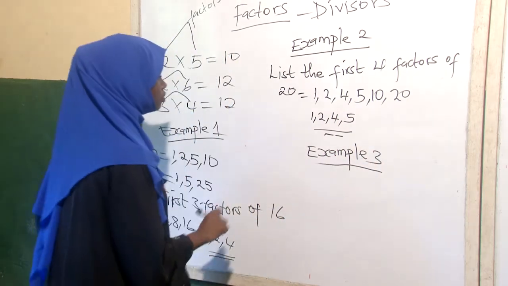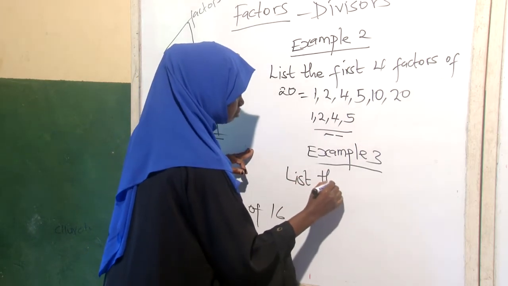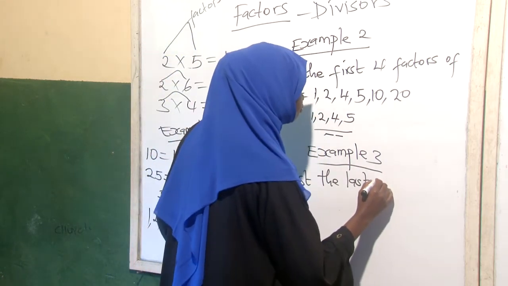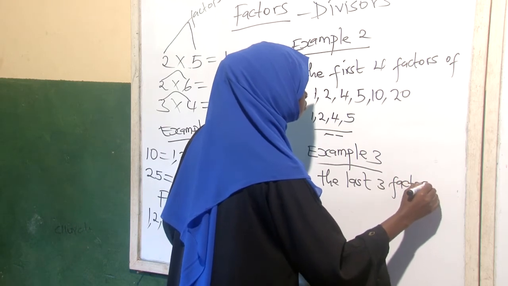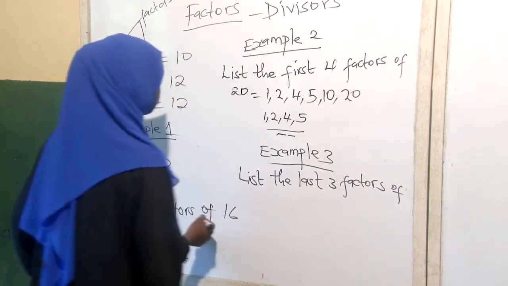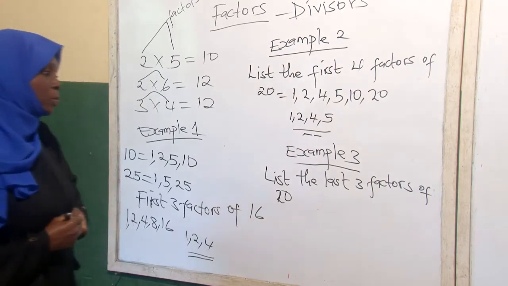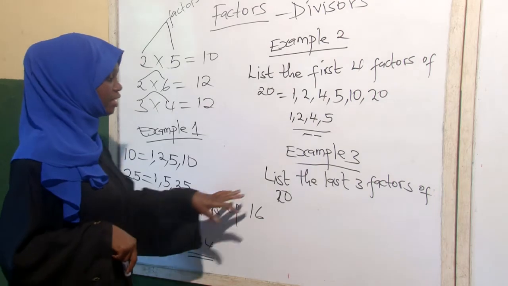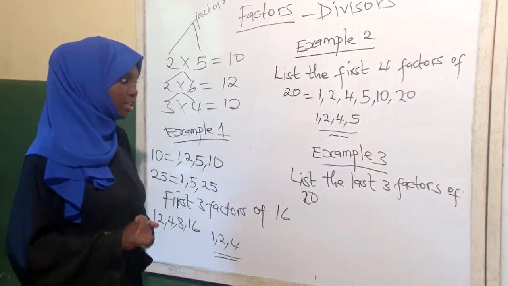And you can be given a question to list. Okay, in our third example, you can also be asked to list the last 3 factors of 20.